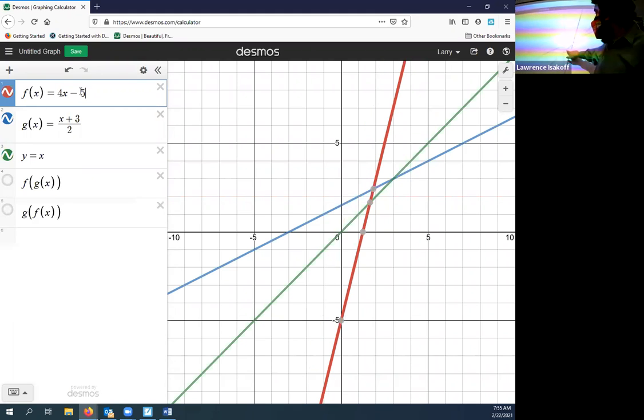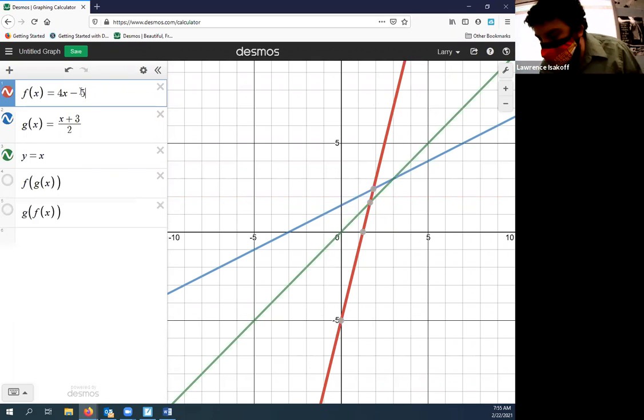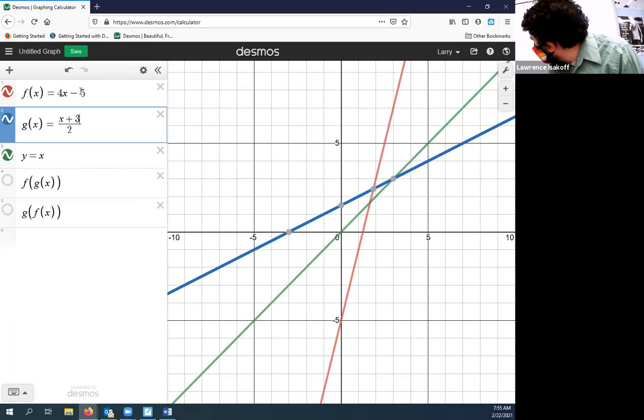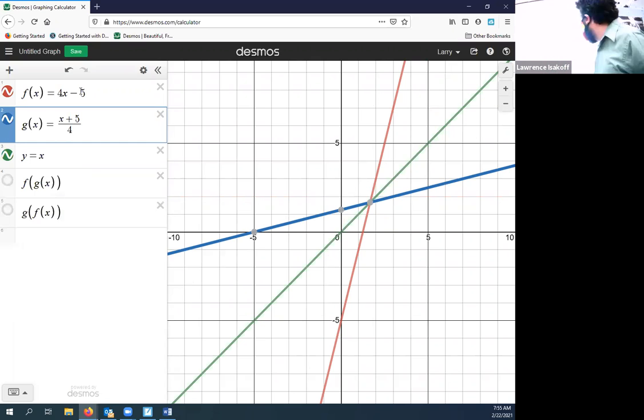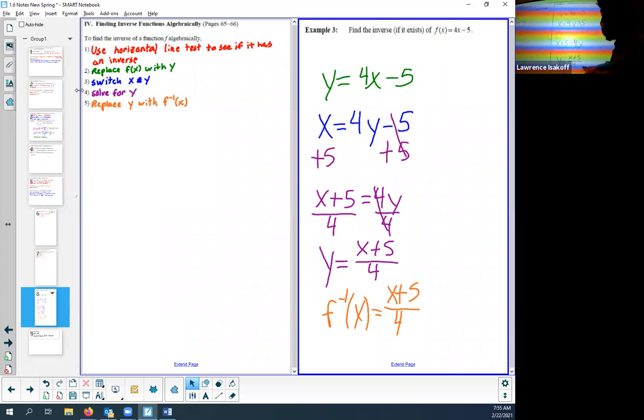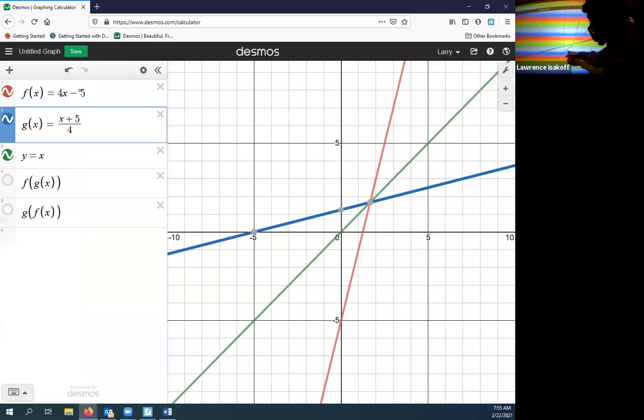So right now, the red and the blue definitely aren't inverses of each other because they're not reflected over the line y equals x. But g of x was an old function in there, so I know that was not right. That was (x plus 5) over 4. So now that I have those as the two functions I was given, they're looking like they're reflected over the green line.